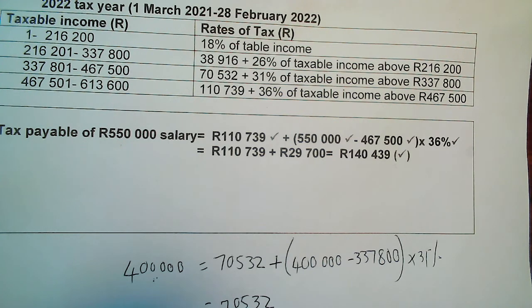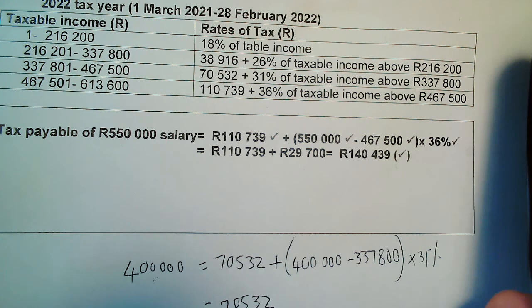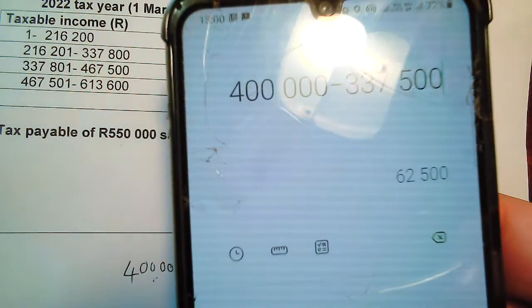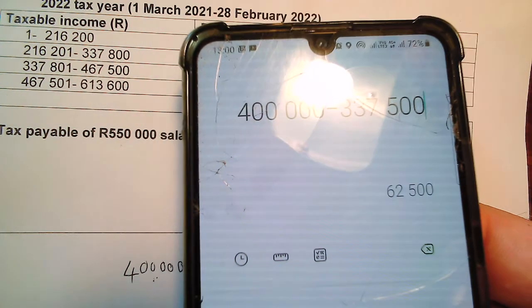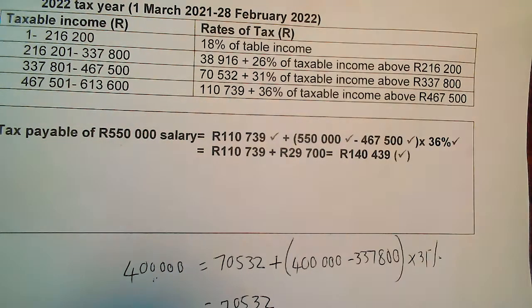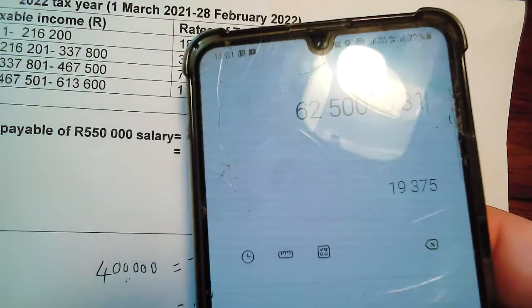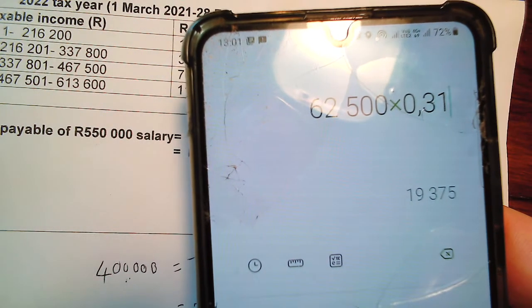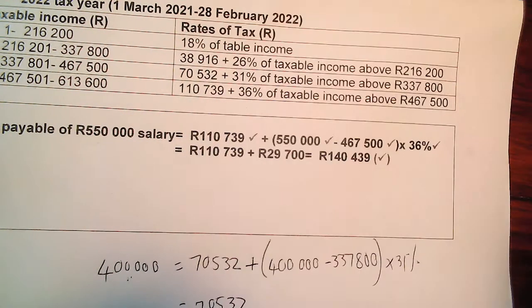So it's 400,000 minus 337,500, okay, which will give me 62,500. Okay, then I must multiply that 62,500 by 31%, 0.31, like that, and then I will get 19,375.